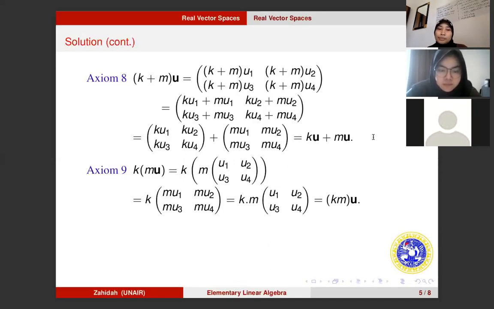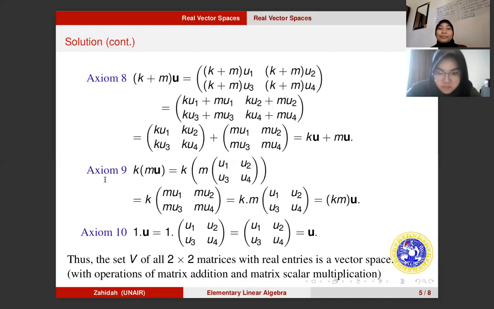For the next axiom, we have two scalars here, k and m, times u equals to here. The last axiom, 1 times u, this is our 1 scalar here, times u equals u itself.